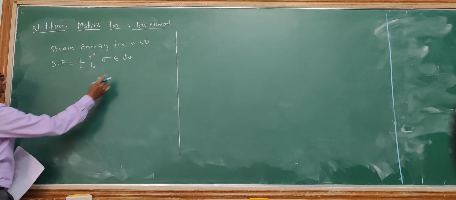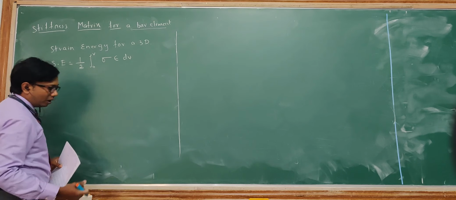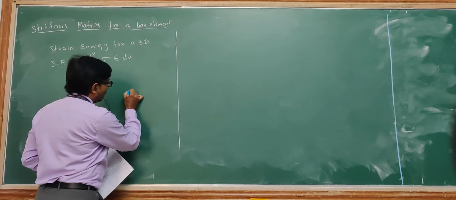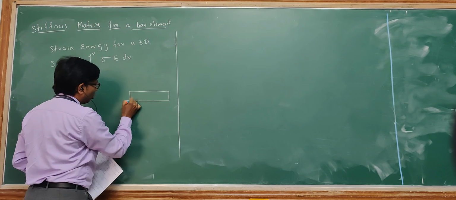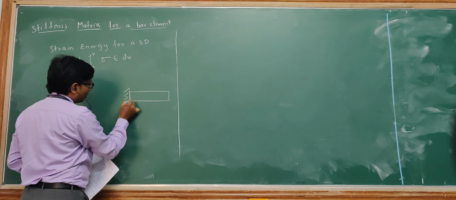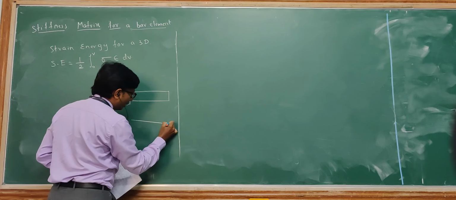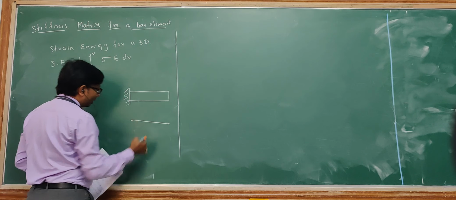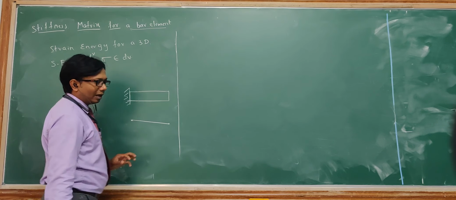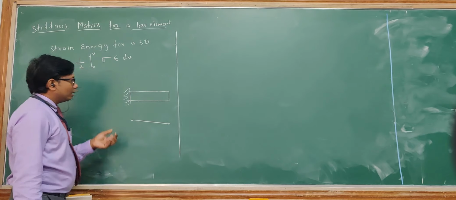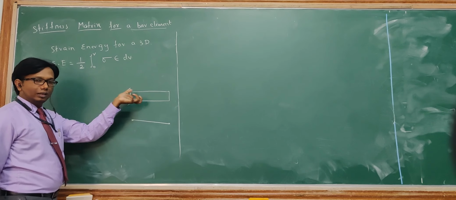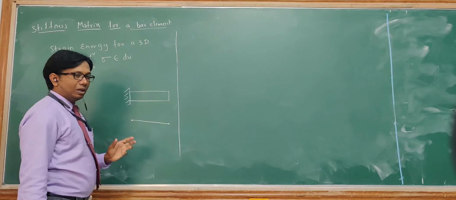So whenever we are solving a bar element, I have already told you, even though it is a 3D object, I'll convert it into a 1D. How will I consider it? Assuming that whenever the load happens, the area in the other two axes remains constant.